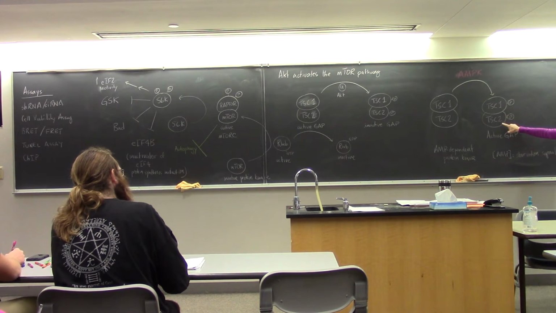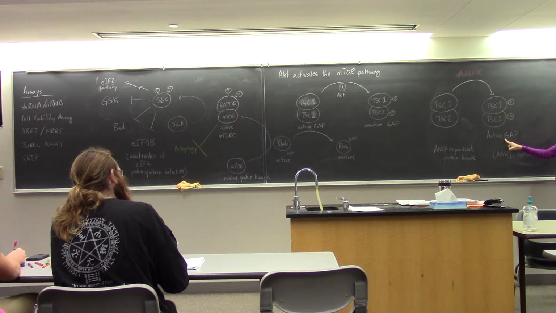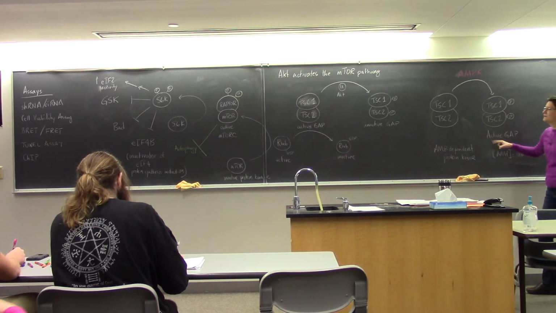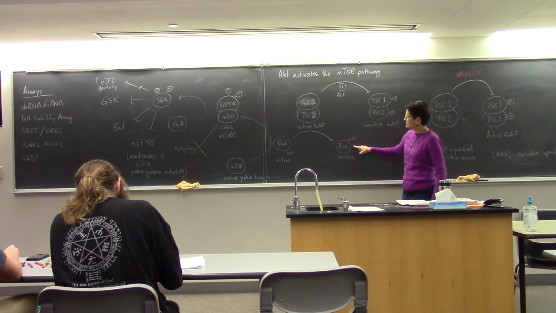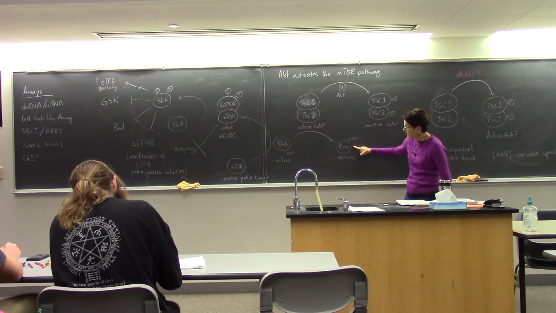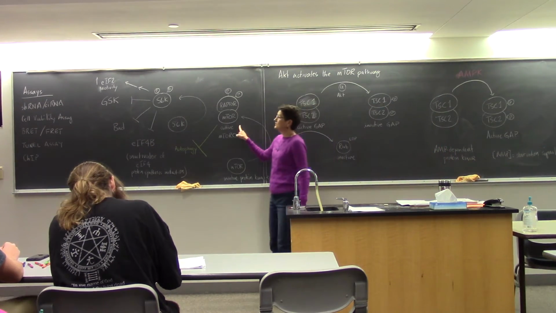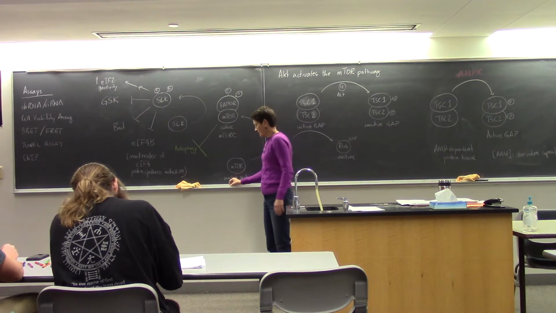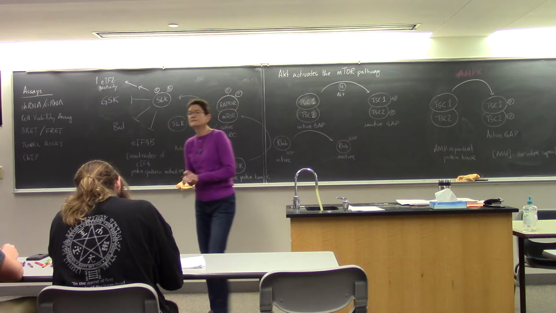So AMP kinase also puts on some phosphates on TSC1 and TSC2, but that enhances the GAP activity. We've just inactivated Rheb, so we fail to activate TOR. Yeah, Sylvan.